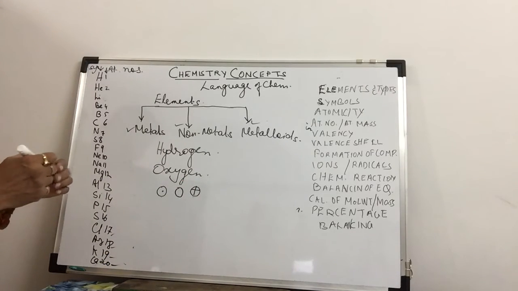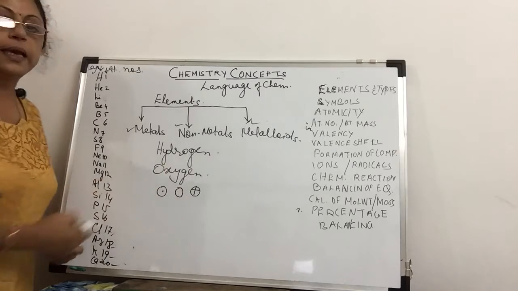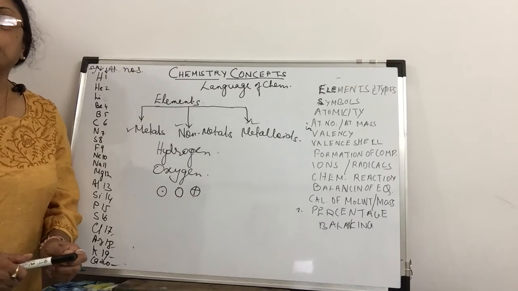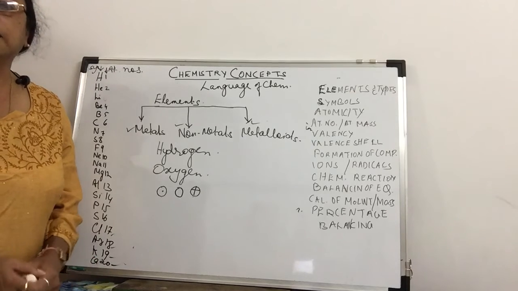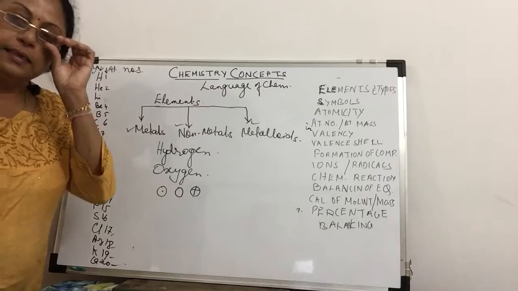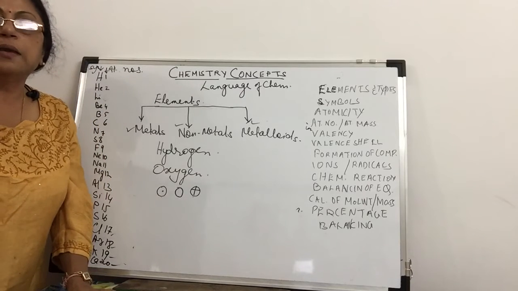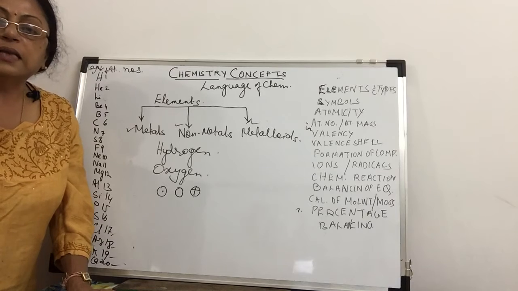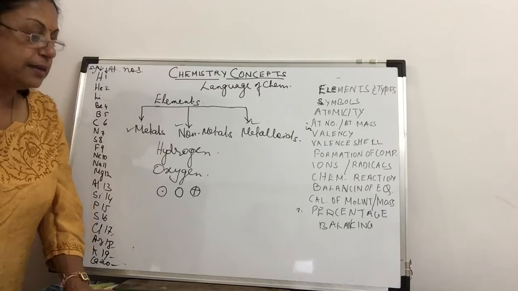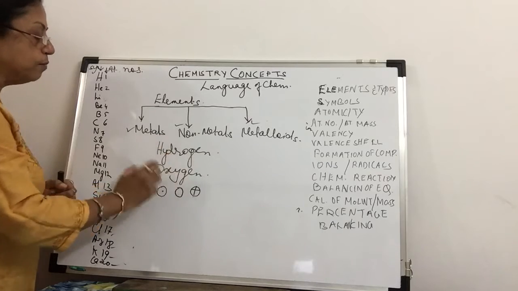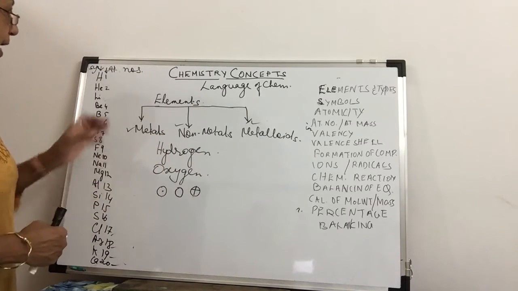But these diagrams again were very time-taking and not easy to use. So another scientist came, Jacob Berzelius. He suggested a very easy method, giving abbreviations or short forms to these elements.